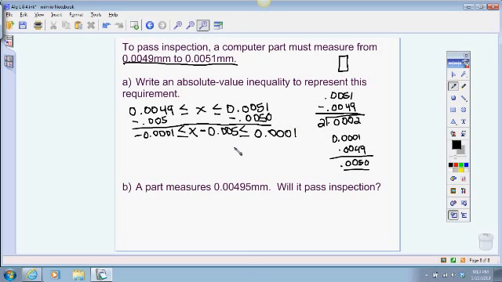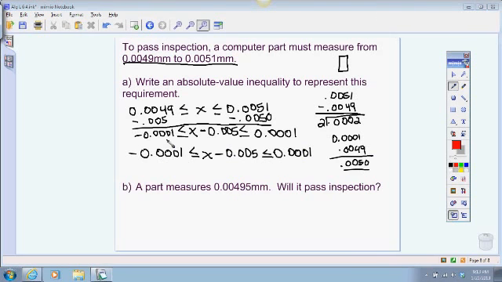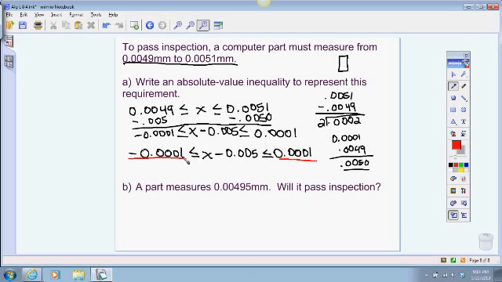But here's what this does. Let me write it a little neater for you. Notice what this does. We say it's going to be between negative 0.0001, or negative 1 10,000th, and positive 0.0001.